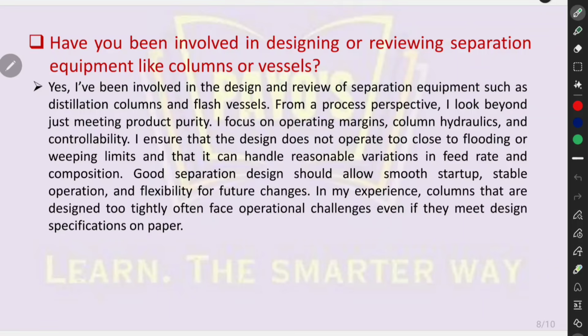I ensure that design does not operate too close to flooding or weeping limits, and that it can handle reasonable variations in feed rate and composition. Good separation design should allow smooth startup, stable operation, and flexibility for future changes. In my experience, columns that are designed too tightly often face operational challenges even if they meet design specifications on paper.